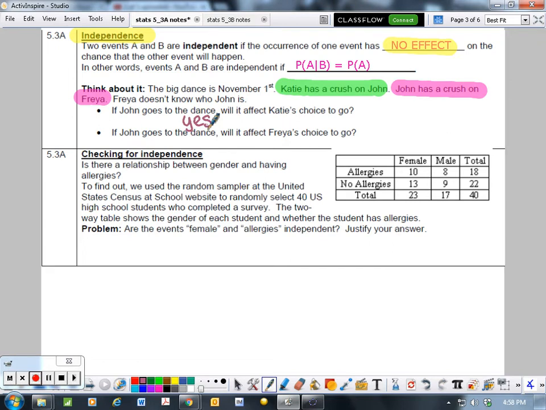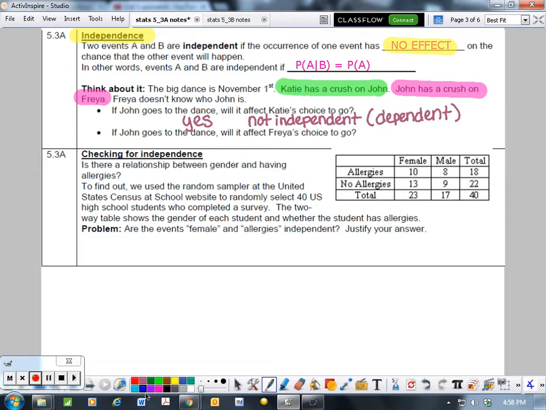That means this is not independent. Katie's choice is affected by John's choice. They are not independent. And we call that dependent. Her choice may actually be totally dependent, maybe not totally, but it is affected by John's choice.